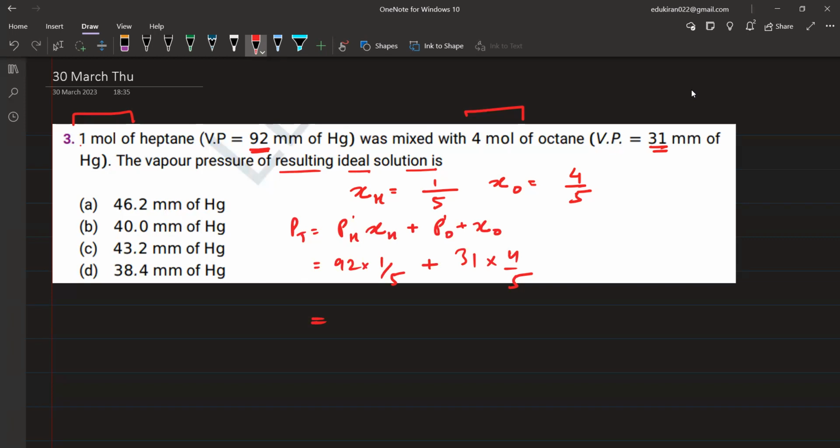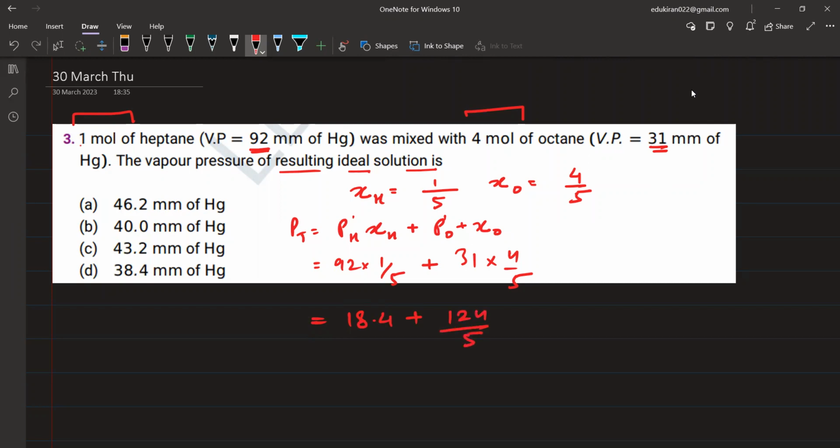What is 92 upon 5? 18.4, plus 31 into 4 will be equal to how much? 120 और 4, 124.